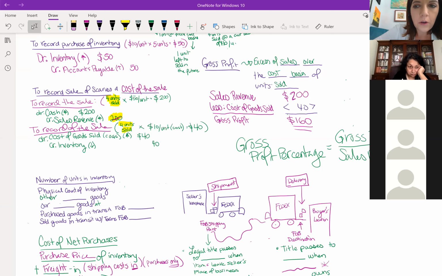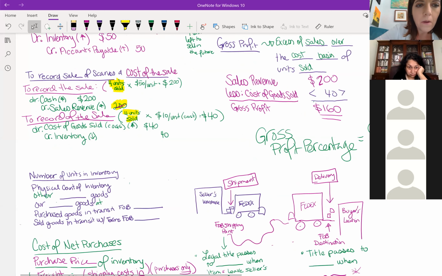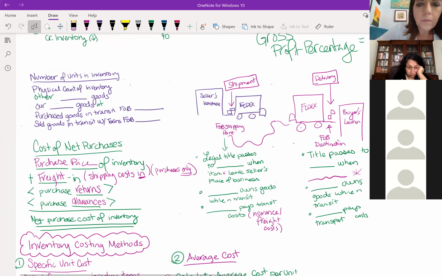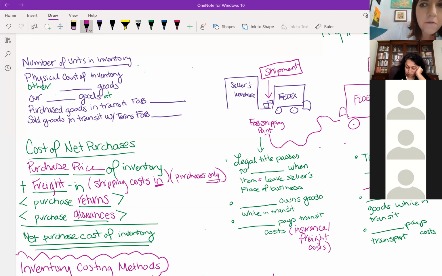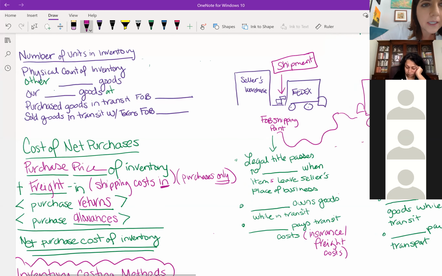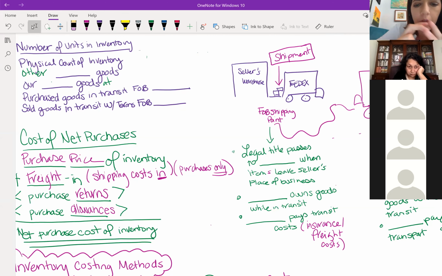Okay. So there are a few things that are going to influence the value of inventory, the cost that we're recording as inventory. And it's also going to impact the amount of cost of goods sold that a company is recording during a period.